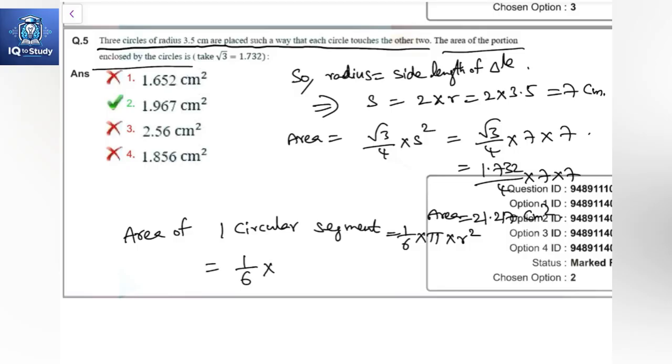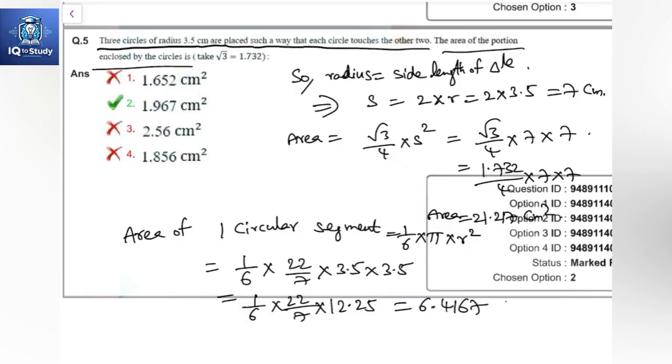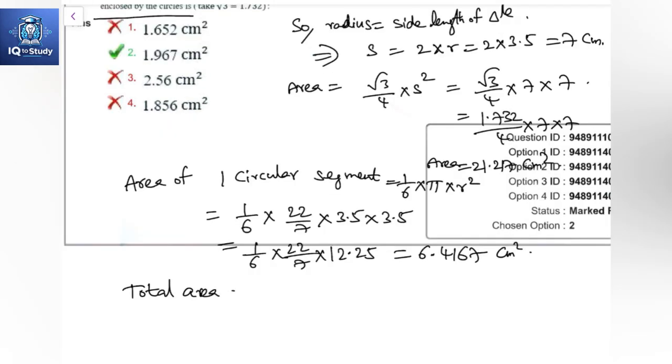That is equal to 1 by 6 into 22 by 7 into 3.5 into 3.5, which is equal to 1 by 6 into 22 by 7 into 12.25, that is equal to 6.4167 centimeters square. So the total area of three segments is equal to 3 into 6.4167, which is 19.25 centimeters square.